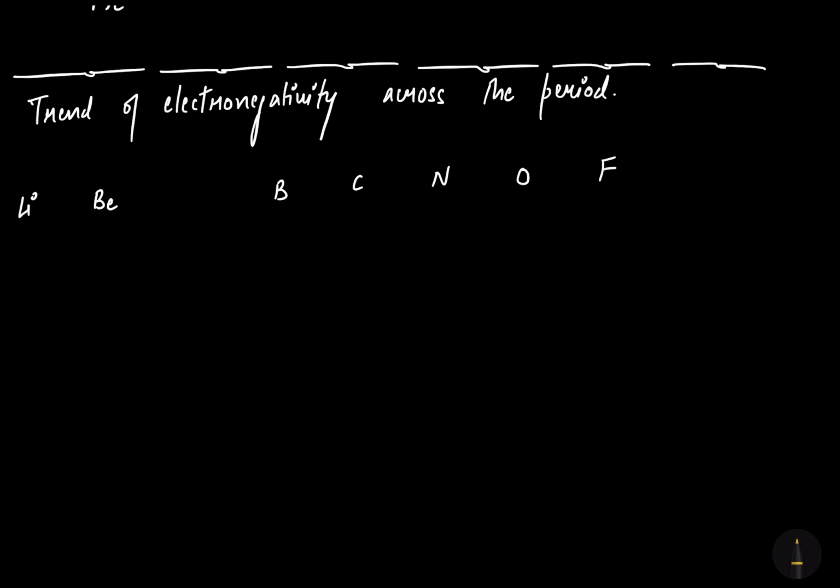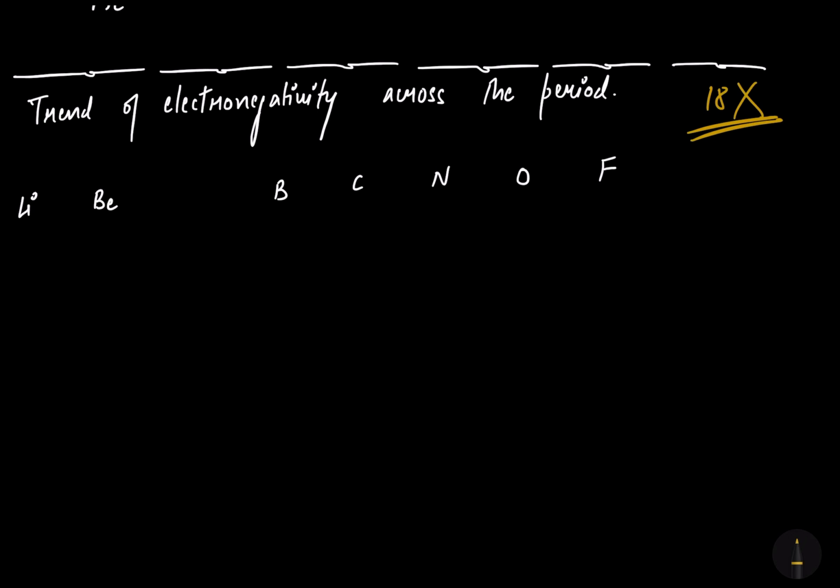If they have zero tendency to gain electrons, that means they have also zero tendency to attract the shared pair of electrons. So the trend of electronegativity will not be applicable to group number 18. Group number 18 is not applicable in this trend. So I have taken up to group number 17 because group number 18 elements have zero tendency to gain electrons and to attract the shared pair of electrons towards itself.